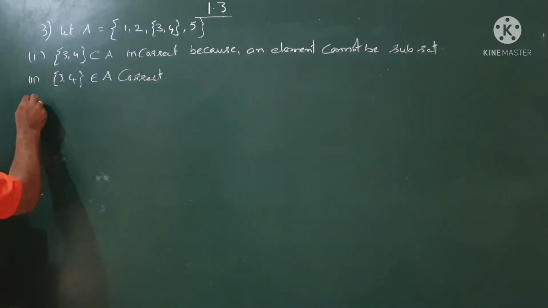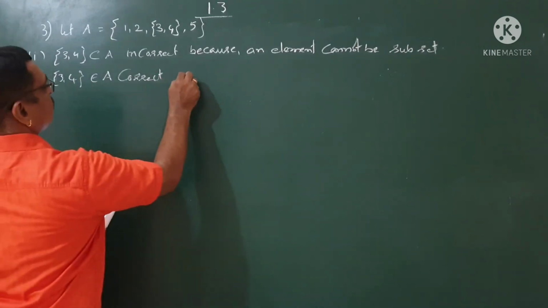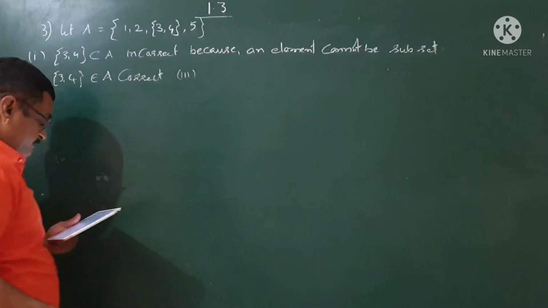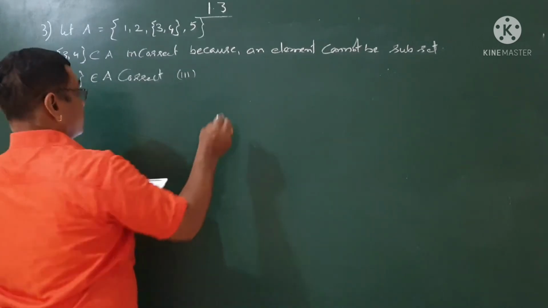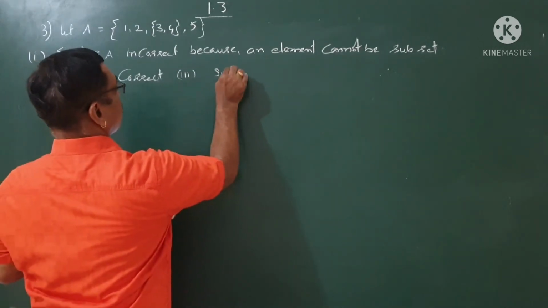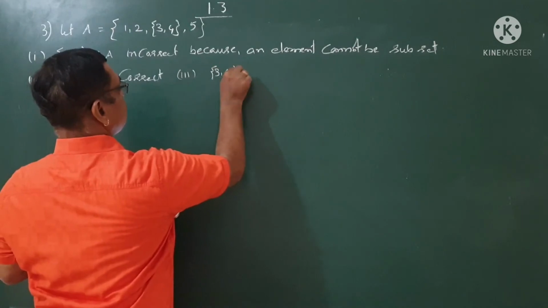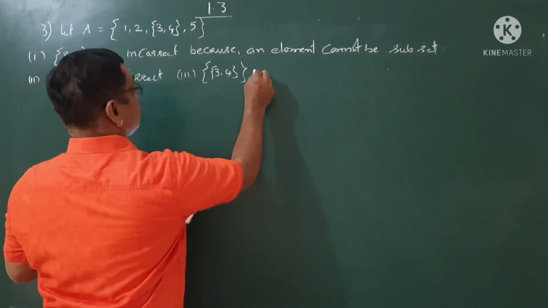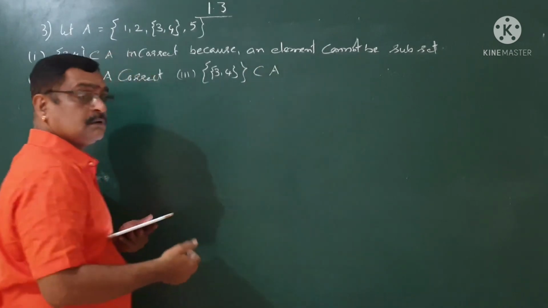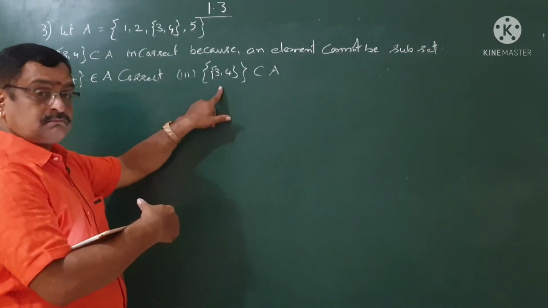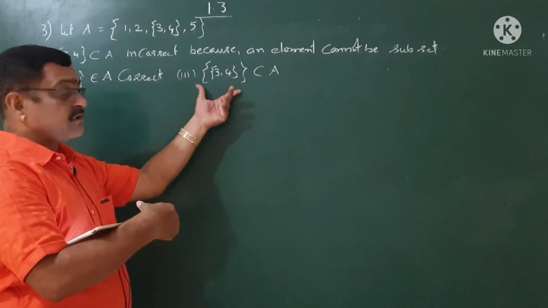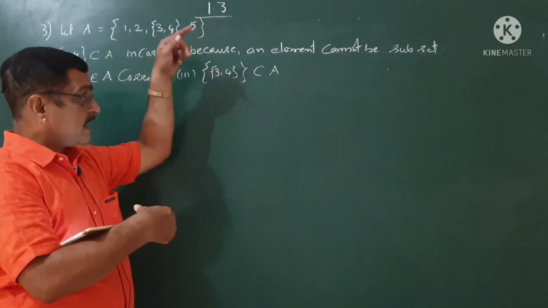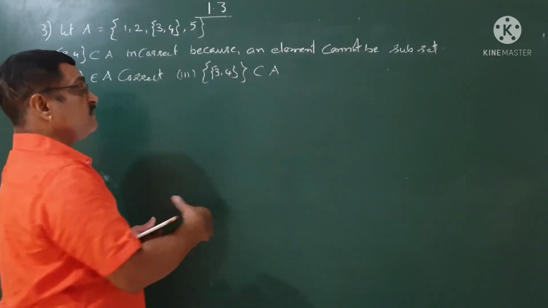Next one, third one. {{3, 4}} is a subset of A. Now an element covered by braces can be a subset of A. Therefore this is correct.